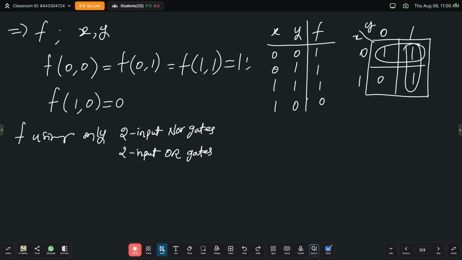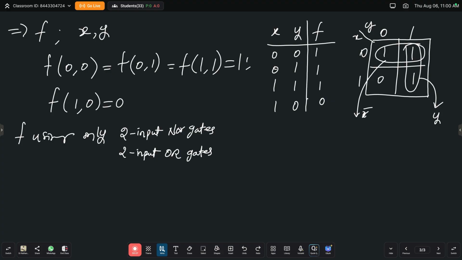Tell me, X bar, then top side not required changing, right? Then this one, what is this upside?